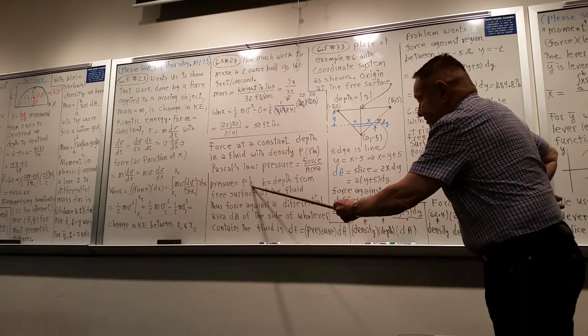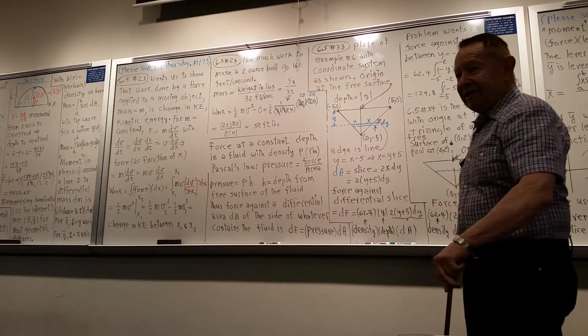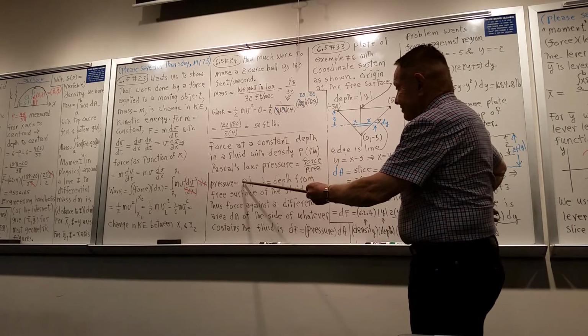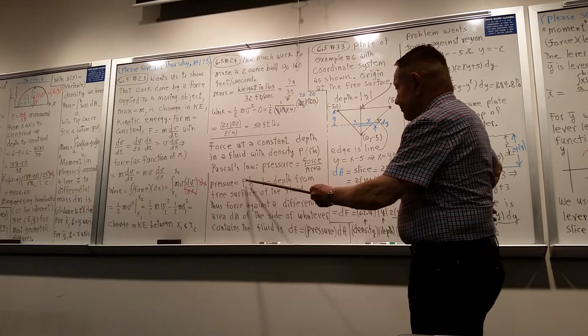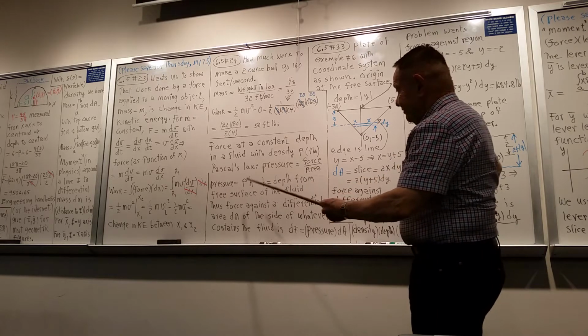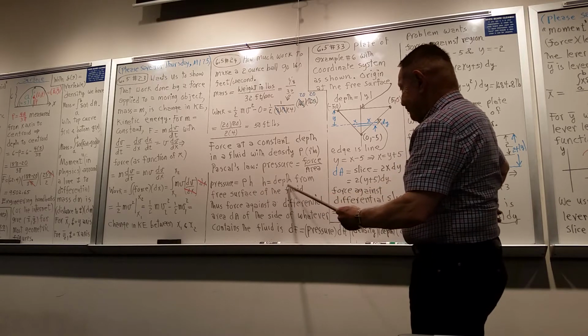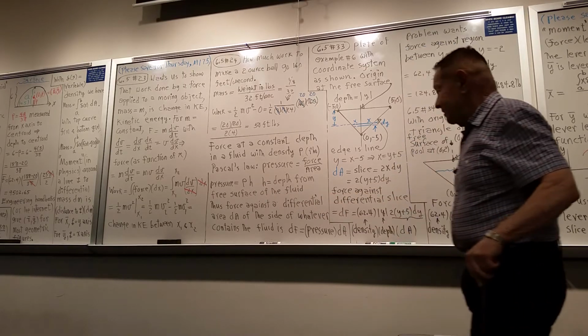If you're at a depth h in a fluid, whether it's air or water or whatever, pressure is the density that's appropriate for whatever it is, times the depth from the free surface of the fluid.